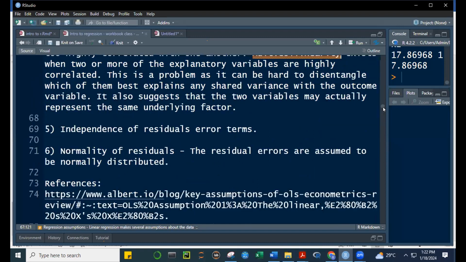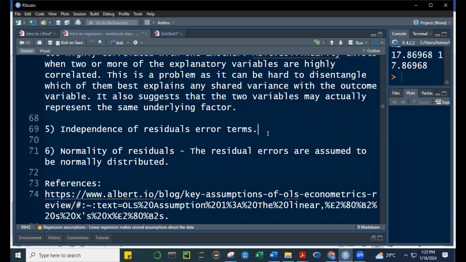Then number 5, you have independence of residual error terms. Ibig sabihin, yung error mo, the difference between your predicted value and your actual value for data point 1, should not be correlated or dependent on observation 2 or observation 3.